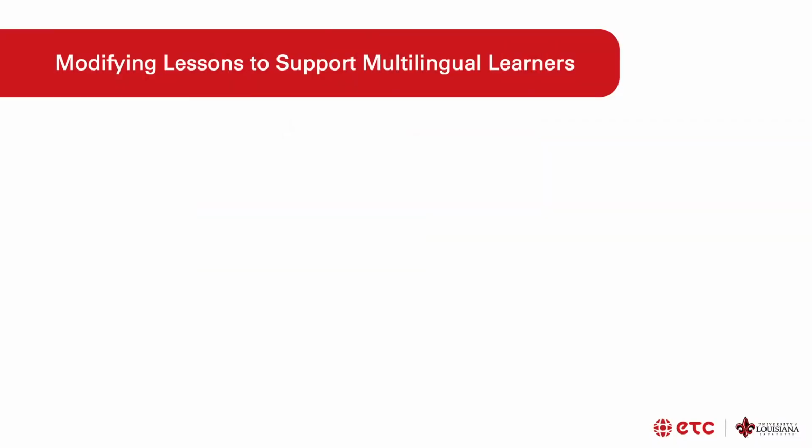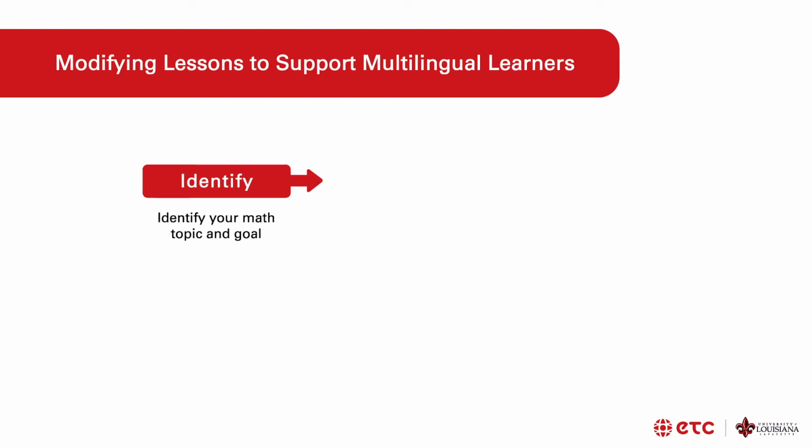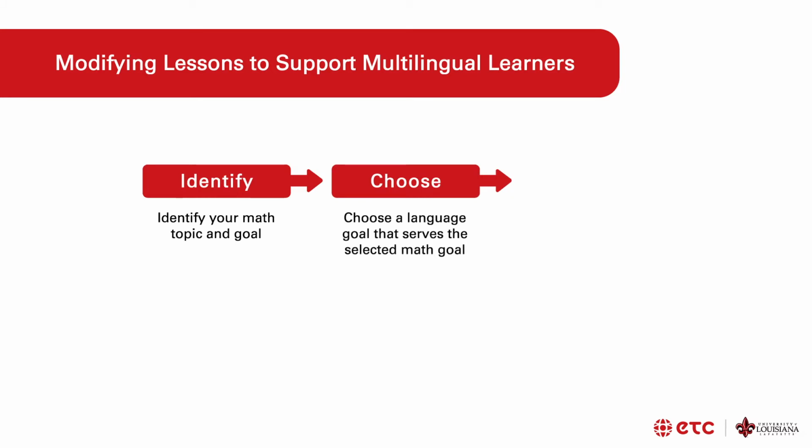When we think about modifying lessons to support multilingual students, we really want to think about going through 5 steps. We're going to start by identifying your math topic, the topic of your lesson, and your mathematics goal for that lesson. Once you've got your math goal, then you're going to choose a language goal that serves the selected math goal.